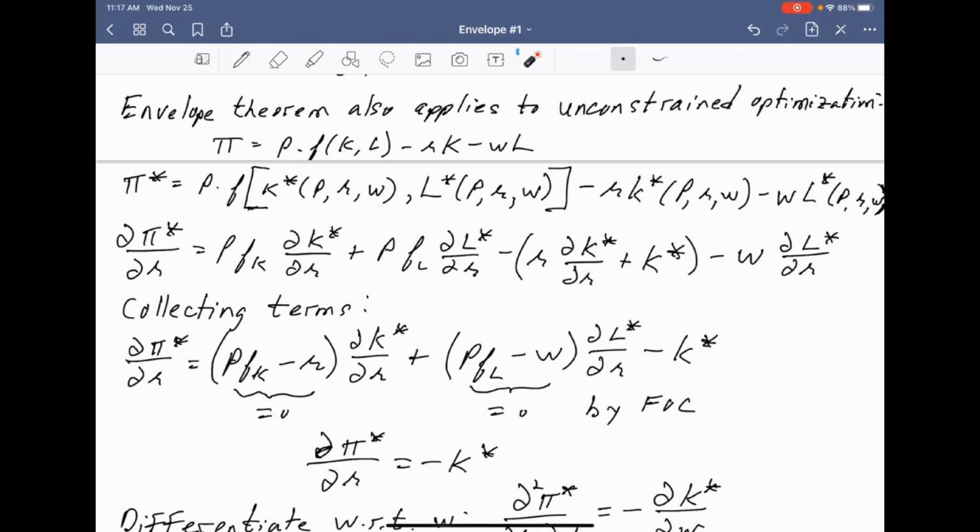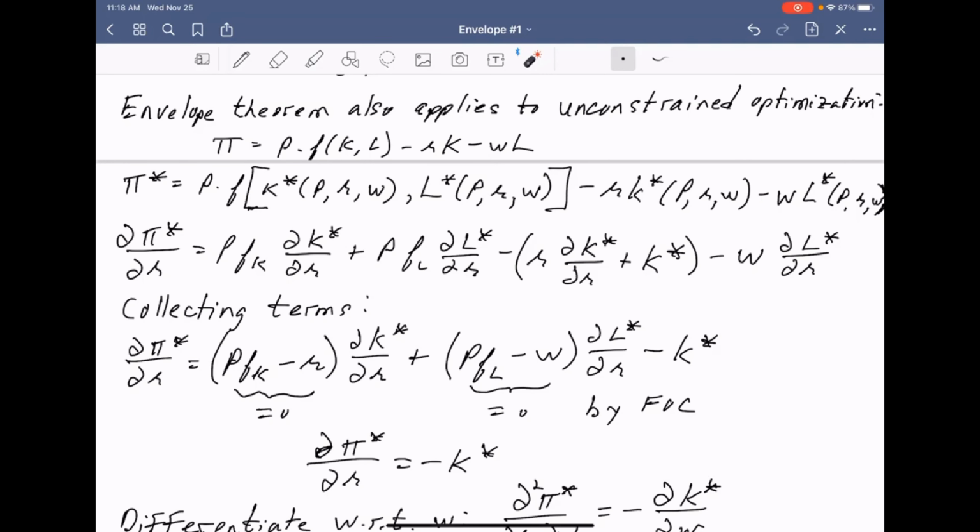These are derived demand functions, derived demand of capital with respect to the price of capital plus the price of output times the marginal product of labor multiplied by the partial of the derived demand for labor with respect to R as well, because we're going through R, minus R times partial of the derived demand for capital with respect to R plus K star, the derived demand for capital, minus the wage rate times the first derivative of the derived demand for labor with respect to the price of capital, of the input capital.